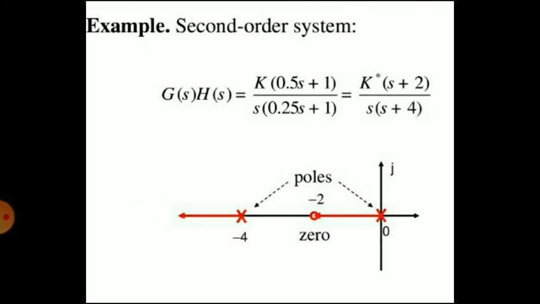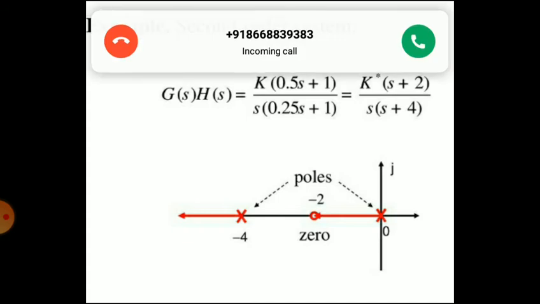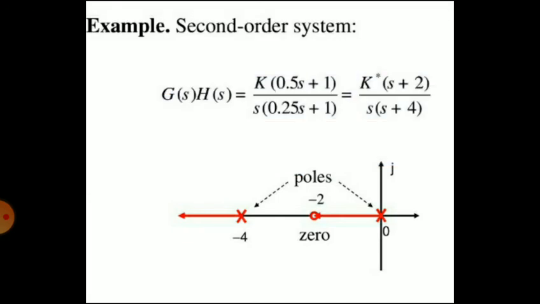You can see another example. G(s)H(s) is given as K(s+2) upon s(s+4). The poles will be s equal to 0 and s equal to -4, shown in the s plane pole-zero plot. For the zeros, if you equate the numerator to 0, s plus 2 equal to 0, you get s equal to -2.